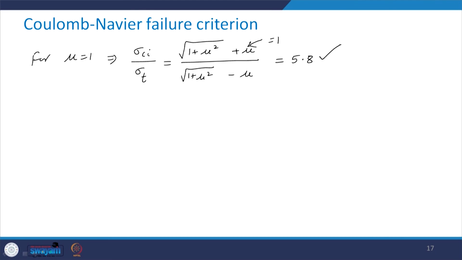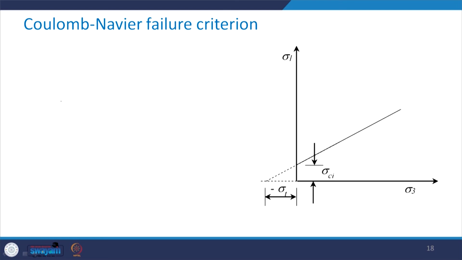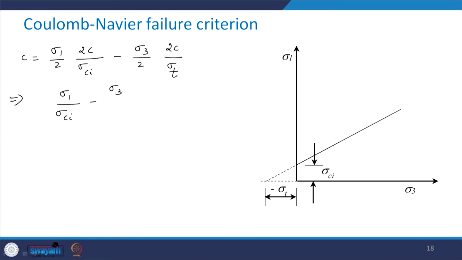So in the equations we derived just now, C is equal to sigma 1 upon 2 into 2c upon sigma Ci, minus sigma 3 upon 2 into 2c upon sigma t, or sigma 1 upon sigma Ci minus sigma 3 upon sigma t equals 1.